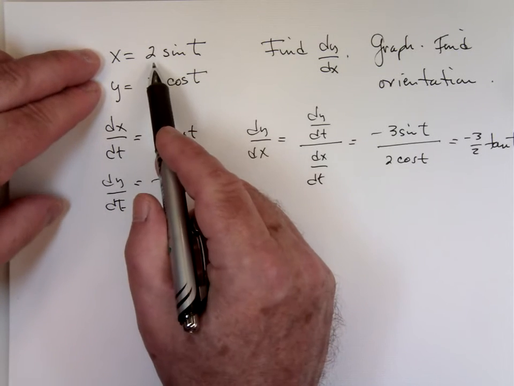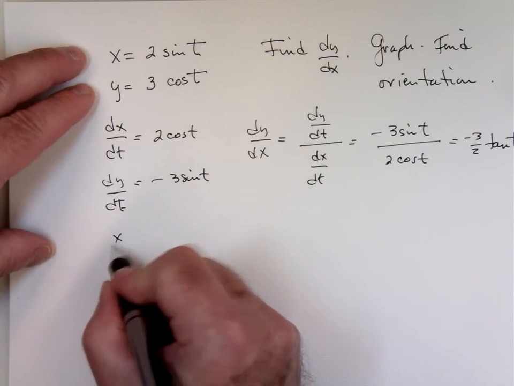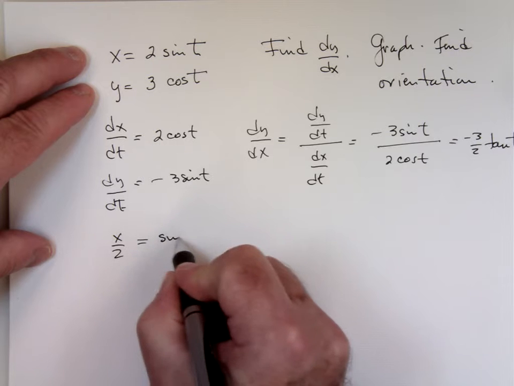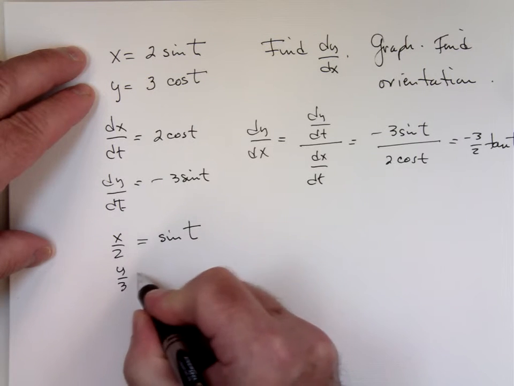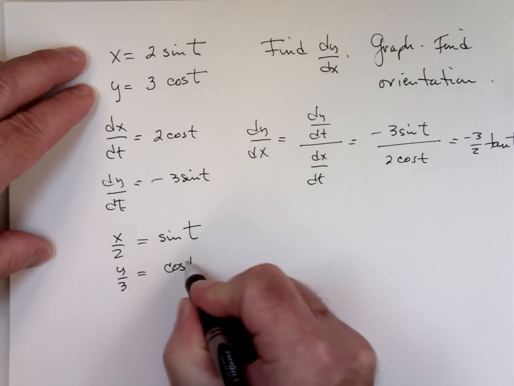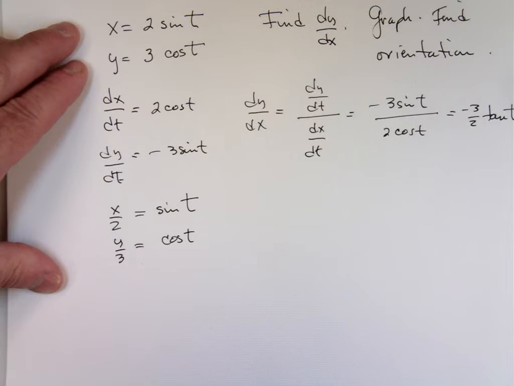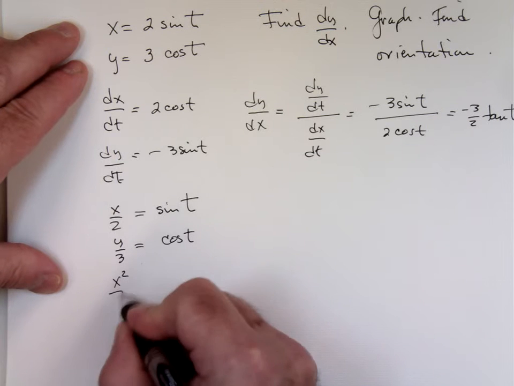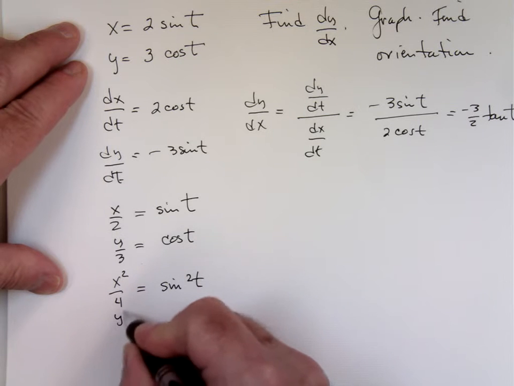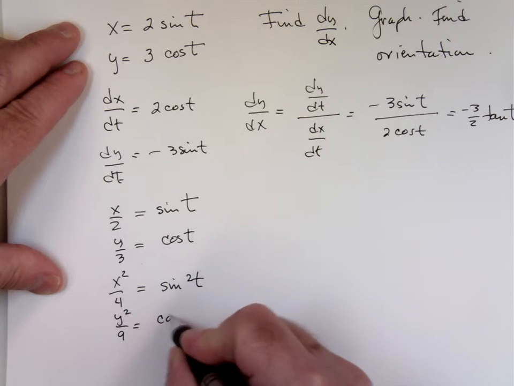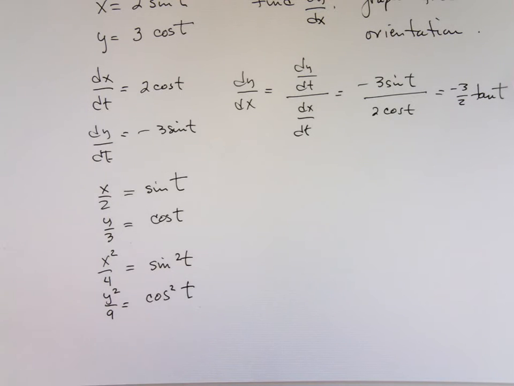What you do here, and there's a little trick for this, is divide both sides by 2, isolate sine, divide by 3, isolate cosine. Square both sides, and then do exactly what he just said.